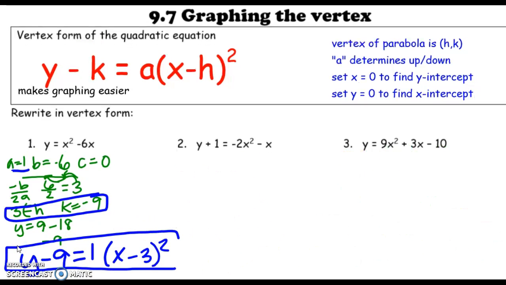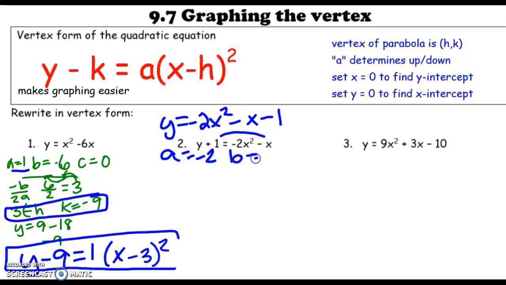Okay, we're moving to the next problem, and here I need to set up my equation again in standard form, so I'm going to have to move my 1 over. So I now have y equals negative 2x squared minus x, and I'm moving my 1 over so it becomes minus 1. So my a equals negative 2, my b equals negative 1, and my c equals negative 1.